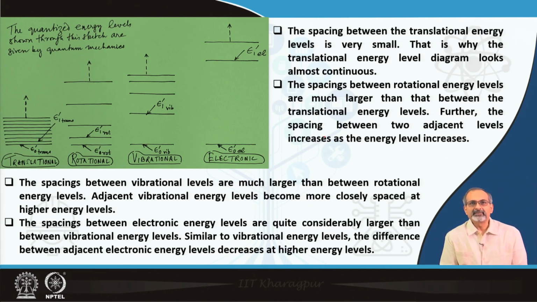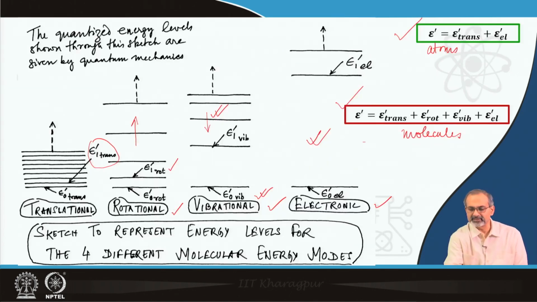So, the findings are summarized over here. We will go through them once more because they are very important. The spacing between the translational energy levels is very small, and that is why the translational energy level diagram looks almost continuous. So, if you go back to this diagram, this is essentially an energy level diagram.